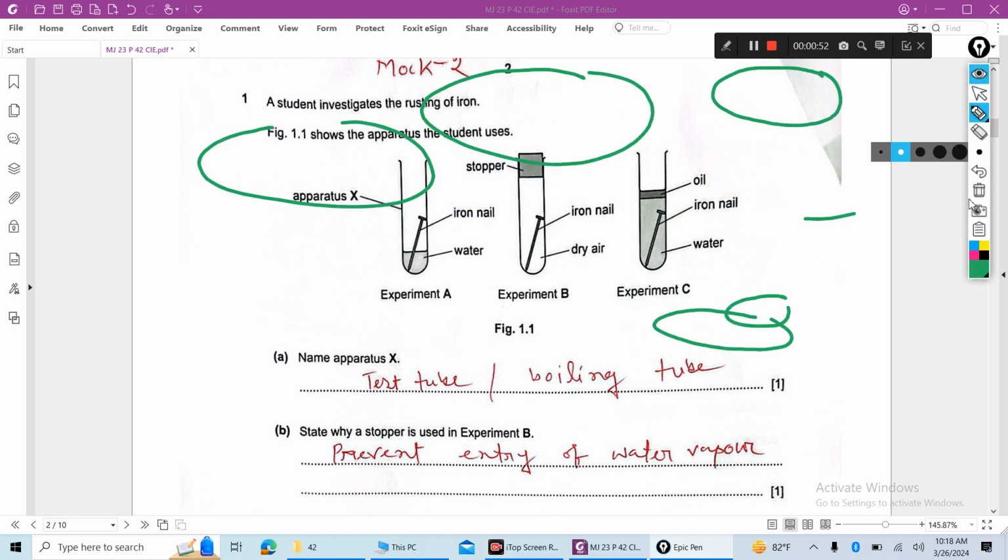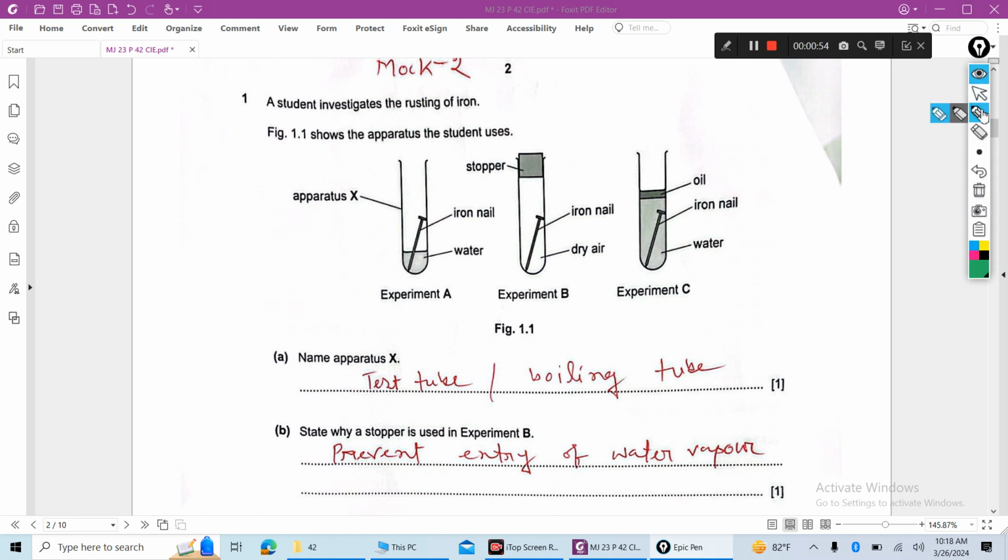Number 1. A student investigates the rusting of iron, hydrated iron(III) oxide, and Figure 1.1 shows the apparatus the student uses.